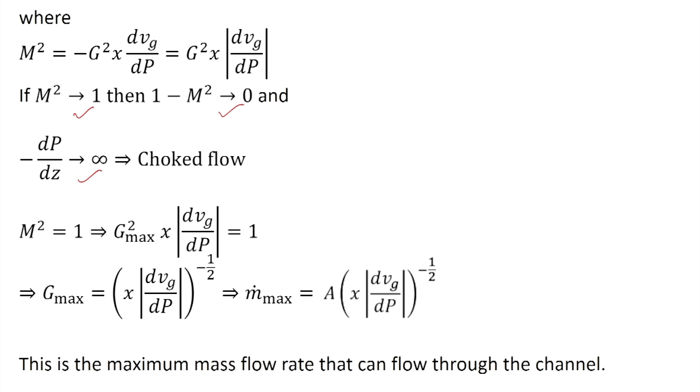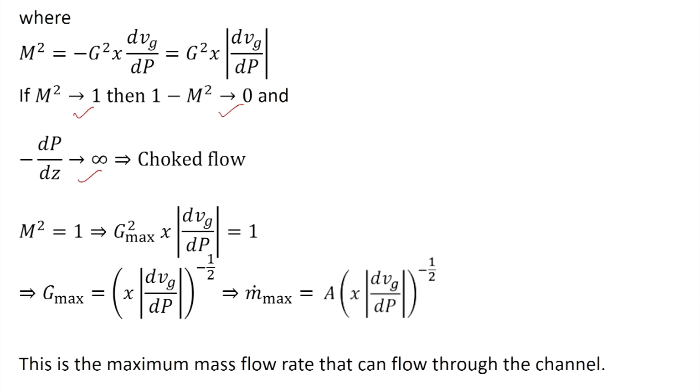What does this mean? It means that if you go on increasing the inlet pressure or go on reducing the outlet pressure, then the pressure drop will increase, pressure gradient can increase indefinitely, but the mass flow rate or the mass flux will not increase beyond a certain value.